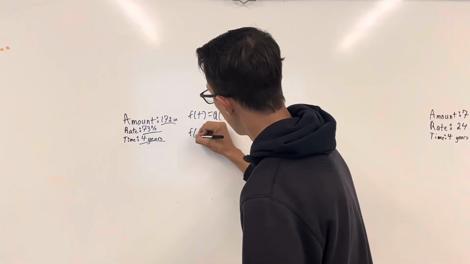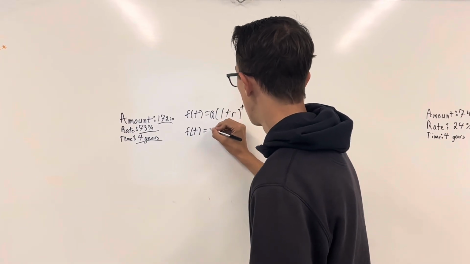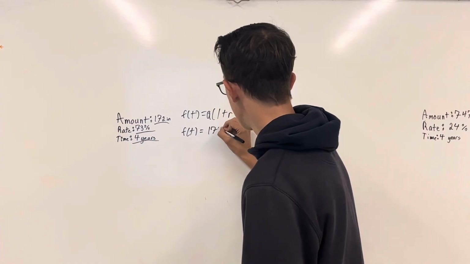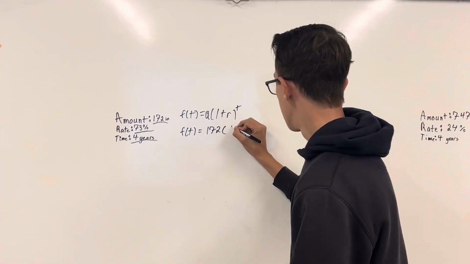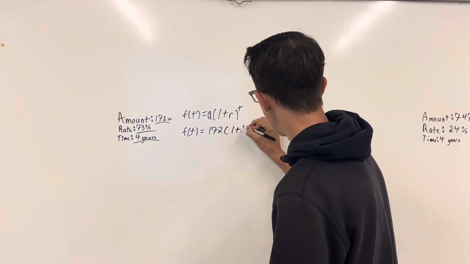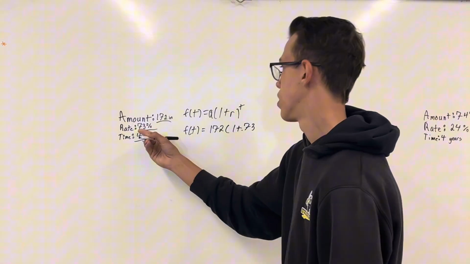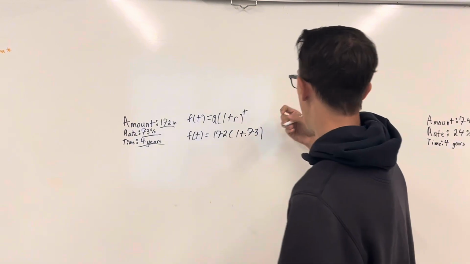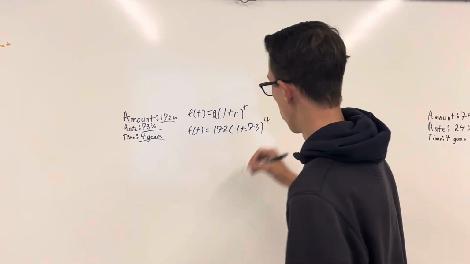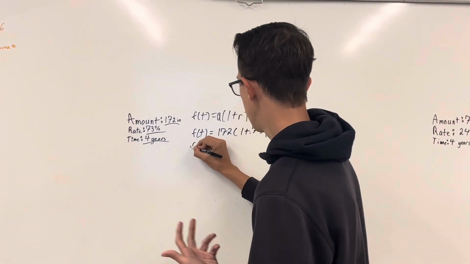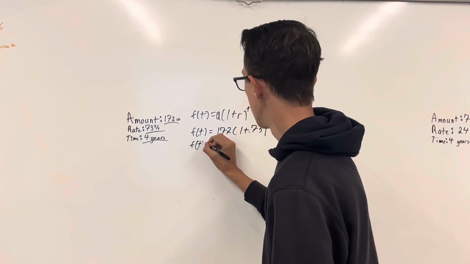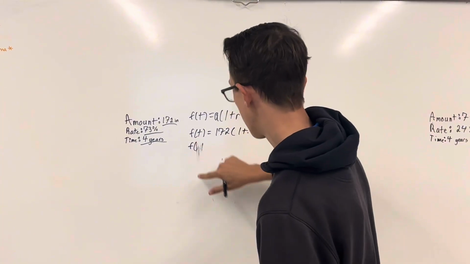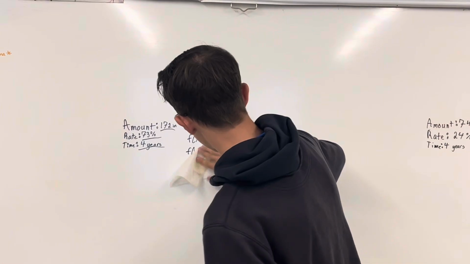So when you come here, it would be F of T equals 172, open parentheses, 1 plus 0.73, as you need to turn this 73% into a decimal, close parenthesis, to the power of 4. When you put this into a calculator, you would get, sorry, not F of T again, let me get this.